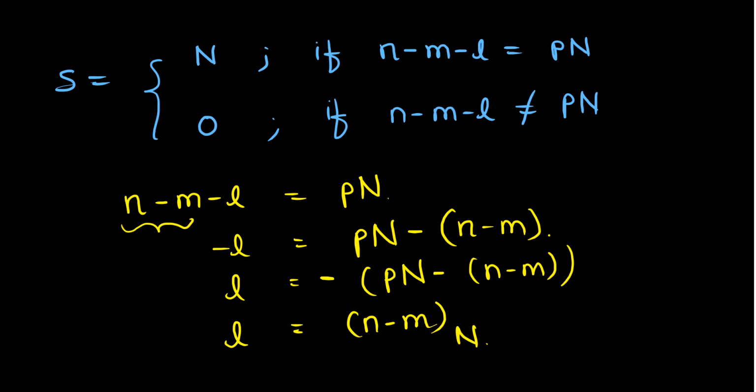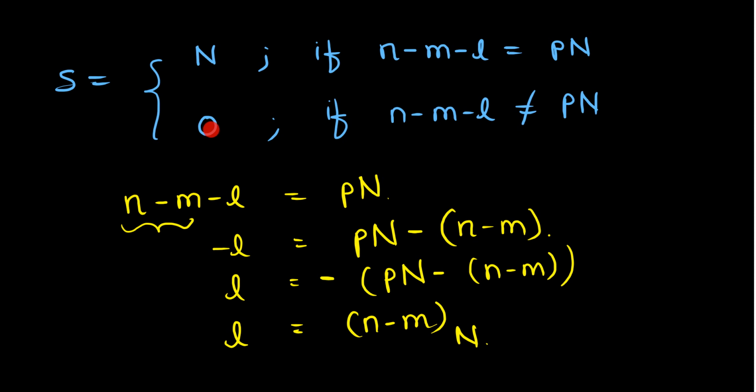So this entire term here results into the modulo operation, that is n minus m mod n, which means that when the value of L is given like this, then at that time we are going to get an impulse of amplitude n, and otherwise we are going to get 0.